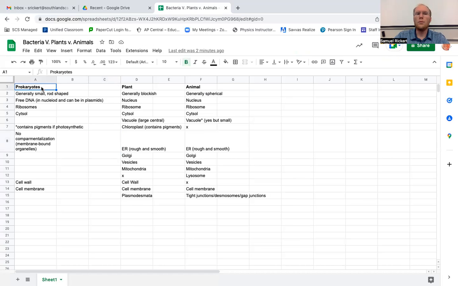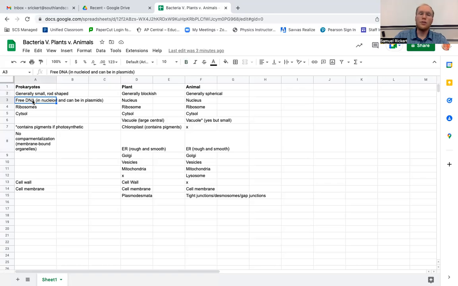So first, let's talk about prokaryotic cells. You can think of them as the prototypes. These cells are much more simple than plant and animal cells. They're generally small and rod-shaped.